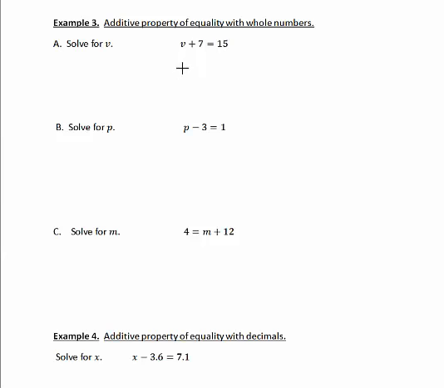So, example 3, we have ABC equations, and we're simply going to follow the procedure that we've learned from the previous page, which is to basically undo the operation that is happening to the variable. So the opposite of addition is subtraction.